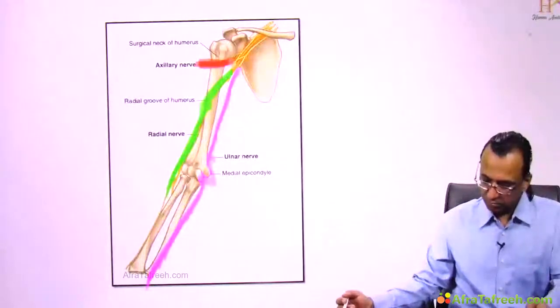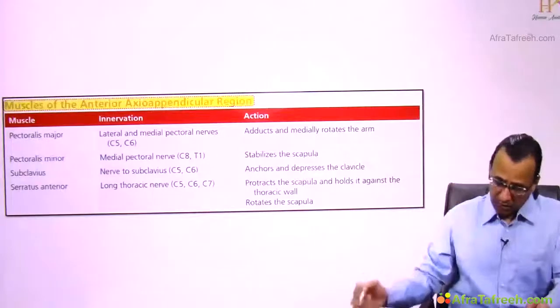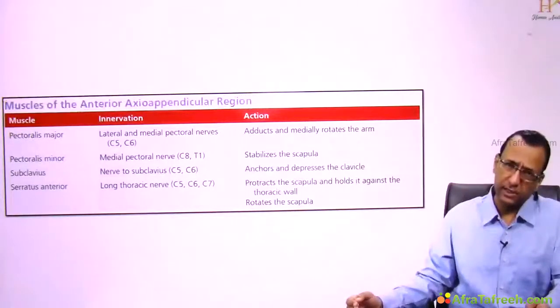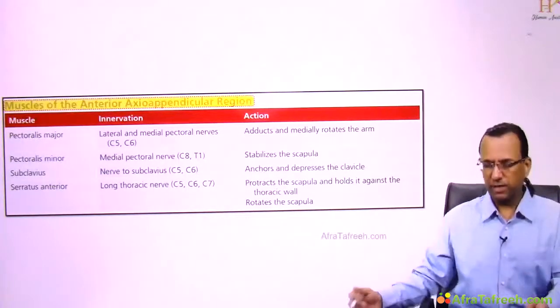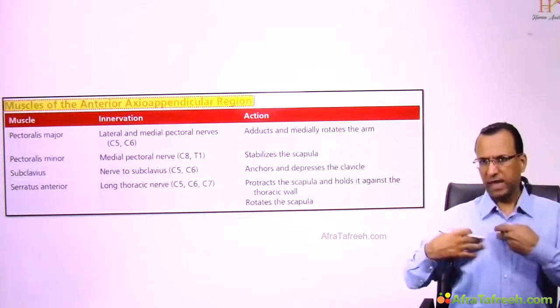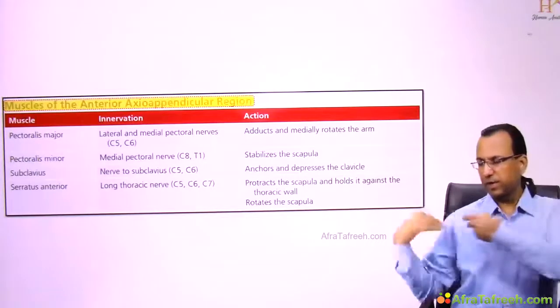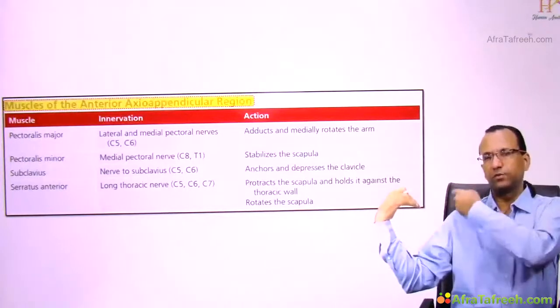Now we have to look at the muscles of the anterior appendicular skeleton which attach to the axial skeleton. So, who are they, anteriorly? Let us look at them. This is the axial area, the ribs and sternum, and that is the appendicular area, the upper limb bones like the humerus and scapula.